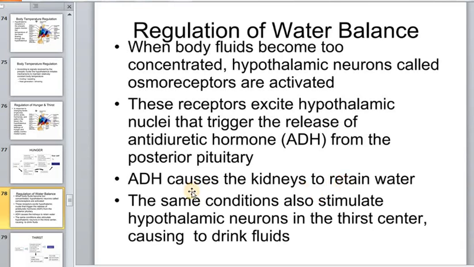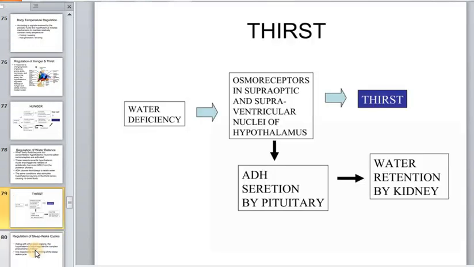The same condition also stimulates hypothalamic nuclei in the thirst center, causing us to want to drink.